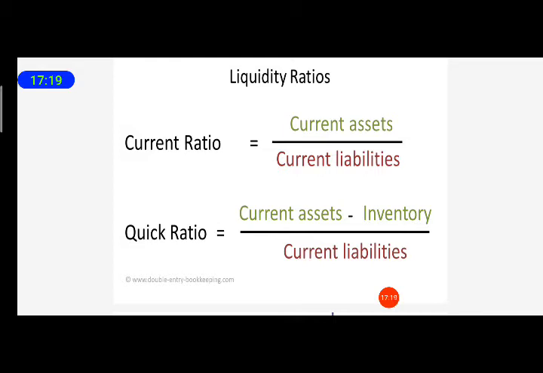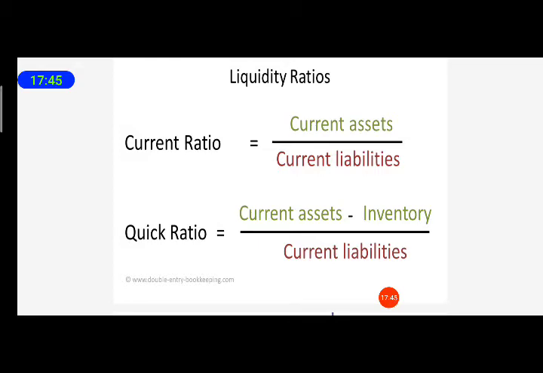Current liabilities comprise sundry creditors, bills payable, outstanding expenses, bank overdraft, provision for taxation, proposed dividend, unclaimed dividend, accrued interest on debentures, loans, and long term debts. This is called the current liability.